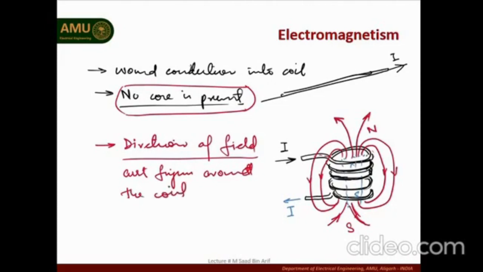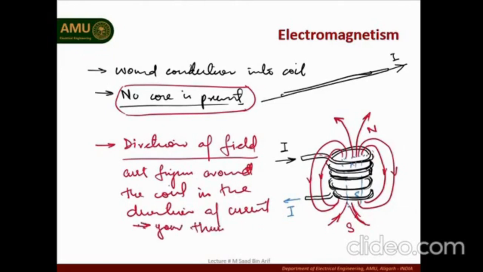Another way of finding the direction of this field is, you can place your finger, that is curl the finger around the coil. So your thumb will give you the direction of the field.